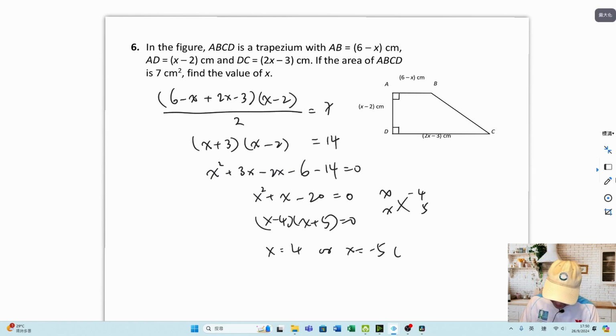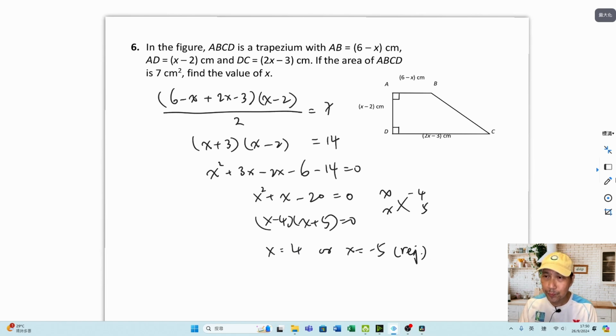Obviously, negative 5 should not be the answer, because if you put negative 5 into AD, the length here will be negative 7 cm. So you may wonder if 4 is the only answer, but don't be too quick, don't be too automatic.